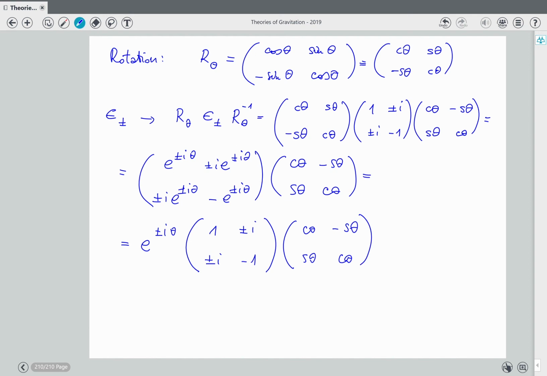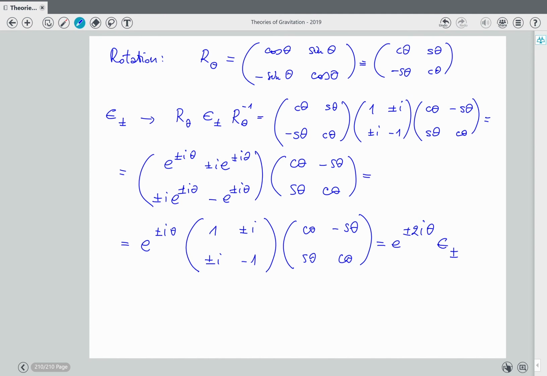Now you can do the same there. You will find another e to the plus or minus I theta. Just do it for the first, for the second. So you get e to the plus or minus 2 I theta epsilon plus or minus, which means that the helicities are 2 and minus 2.